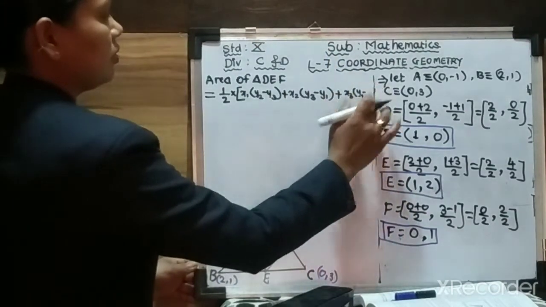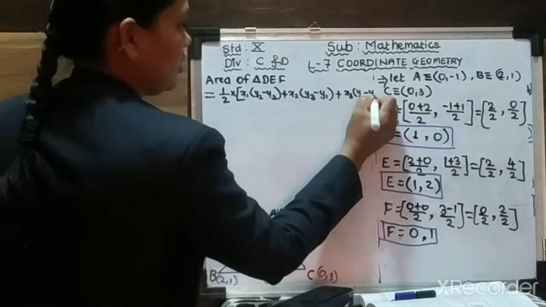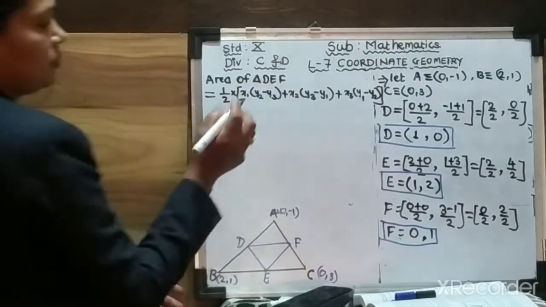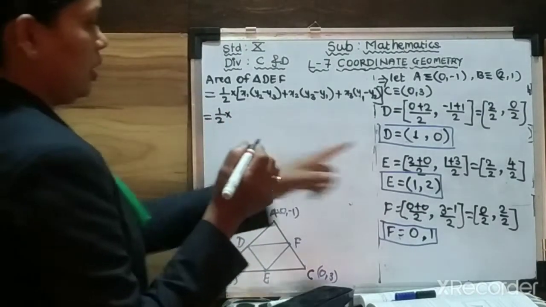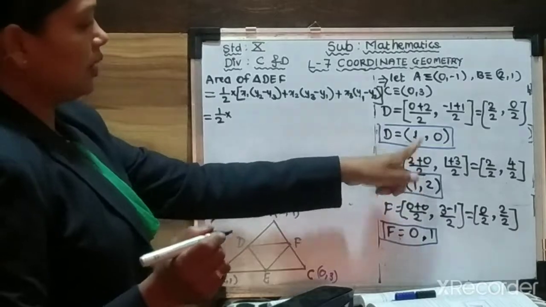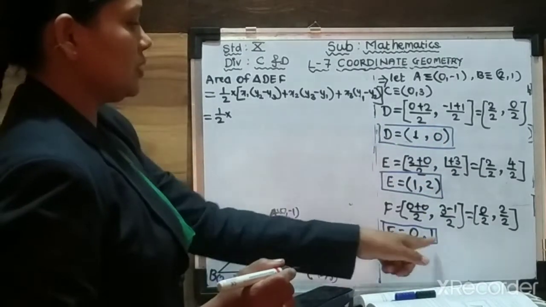Now half into x1. x1 means your D coordinate, x1 y1. This is x2 y2 and x3 y3.